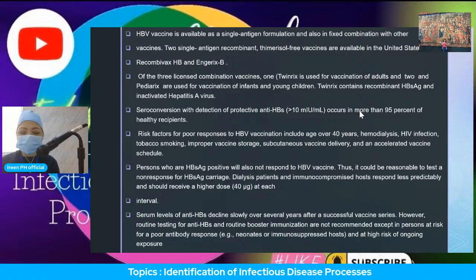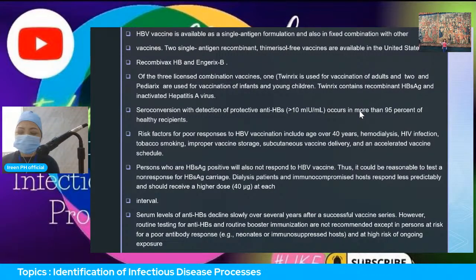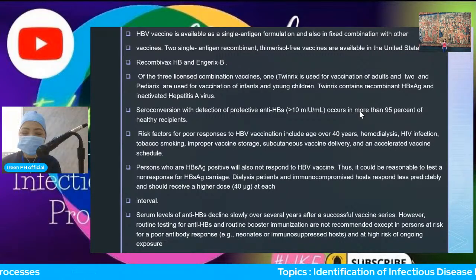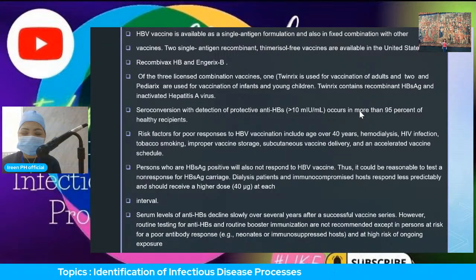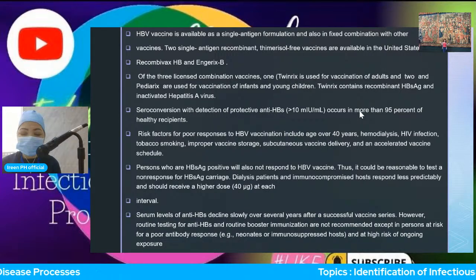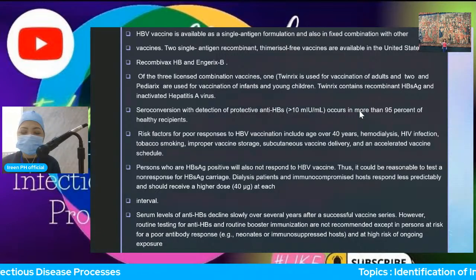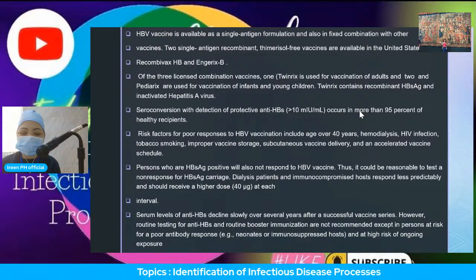Serum levels of anti-HBs decline slowly over several years after a successful vaccine series. However, routine testing for anti-HBs and routine booster immunization are not recommended, except in persons at risk for a poor antibody response, such as neonates or immunosuppressed persons, and those at high risk of ongoing exposure.